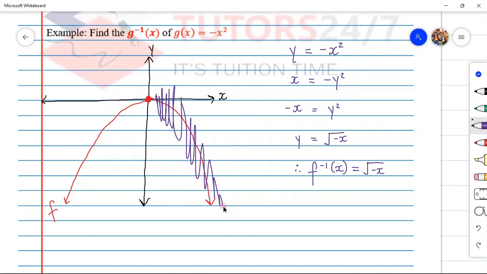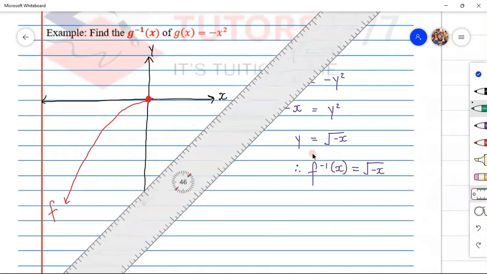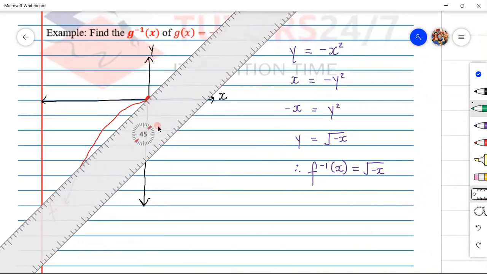So we need to get rid of the right hand side of the graph and restrict our function to x less than or equal to 0, which will then give us our inverse. So we get rid of the right hand side of our graph and we draw our line y equals x so that we can reflect our graph.